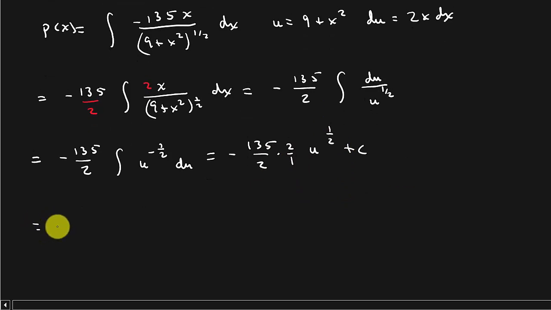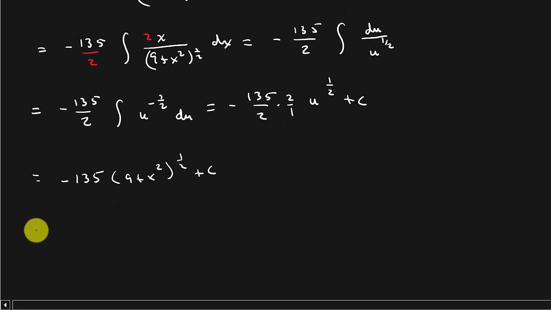And so that's going to be negative 135 times 9 plus x squared to the 1/2 plus c. And so that's going to give me p of x is equal to negative 135 times the square root of 9 plus x squared plus c. All right.